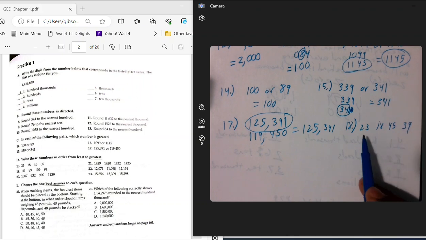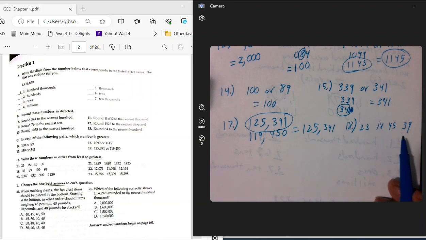Now, if you notice, all four of these numbers, not digits, have only 2 digits. So what we could do, we could line them up, or we could just look at their digits.